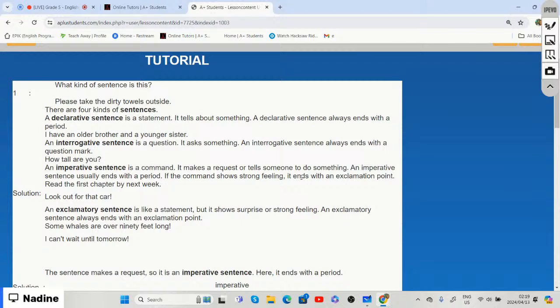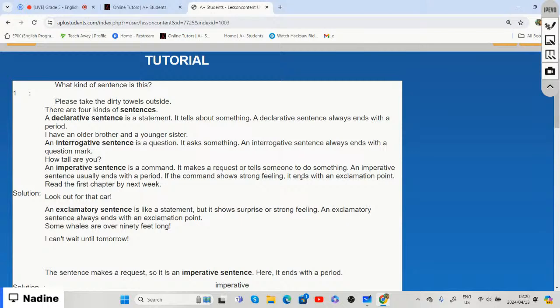And then, of course, we said an exclamatory sentence is like a statement, but it shows surprise and strong feelings. And an exclamatory sentence always ends with an exclamation point, right? One example is: some whales are over 90 feet long!